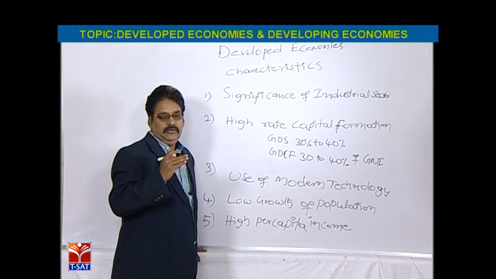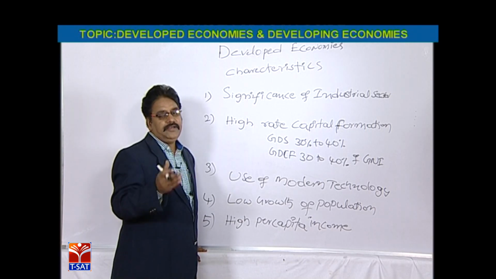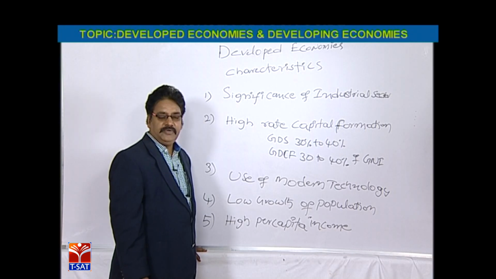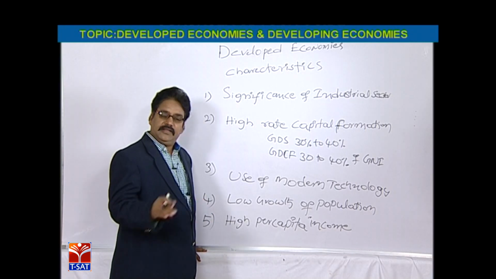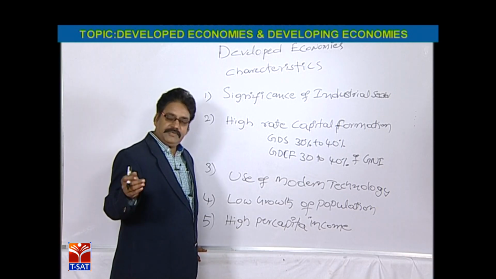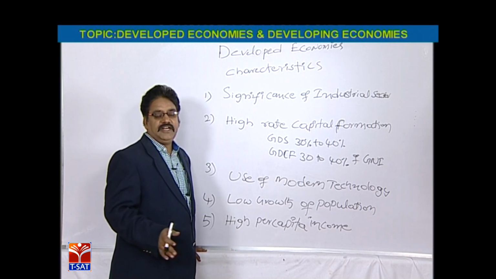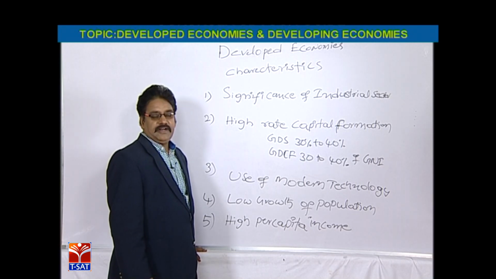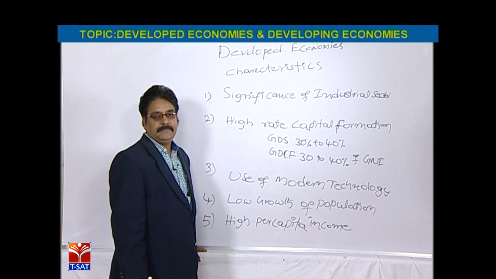They are registering high growth rates year by year in national income, which is divided among the population. The growth rate of population is very low, so automatically per capita income will increase. Developed countries like the US, Switzerland, Japan and Germany are all high per capita income countries.